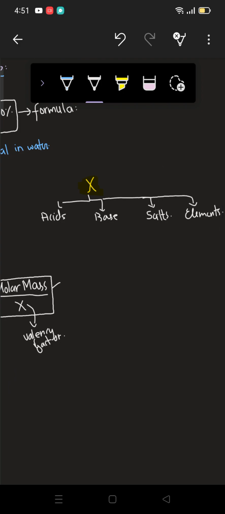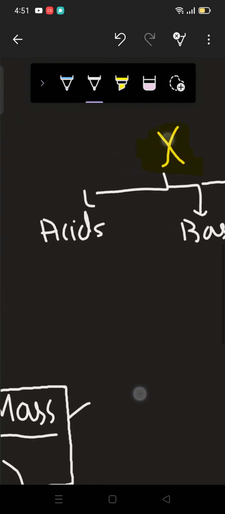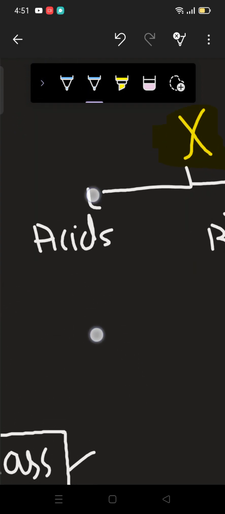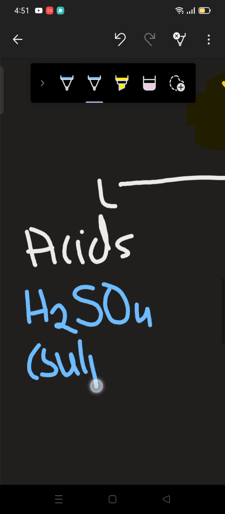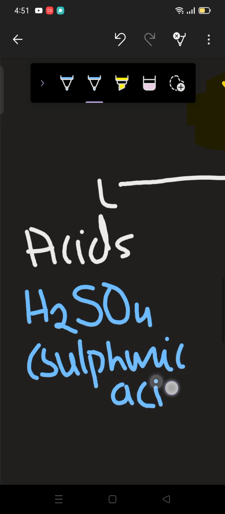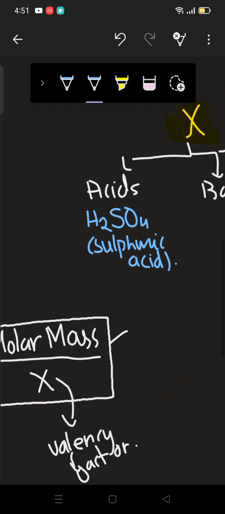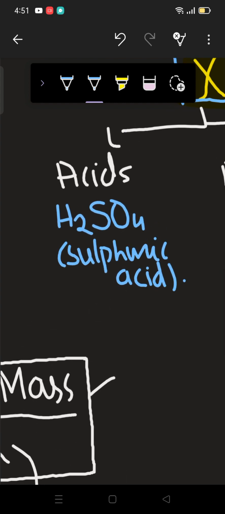In the case of acid, if you have H2SO4, which is of course sulfuric acid, the X factor would be the number of H ions produced by the acid.